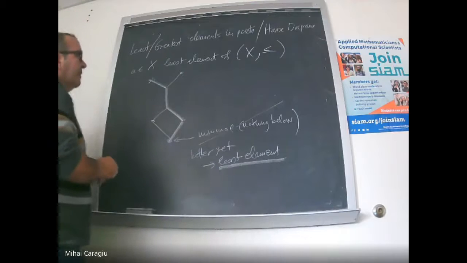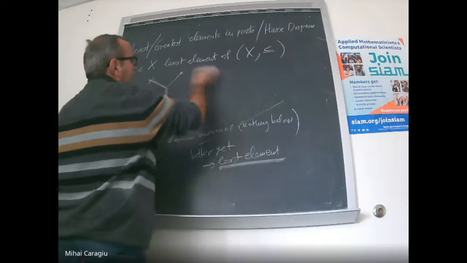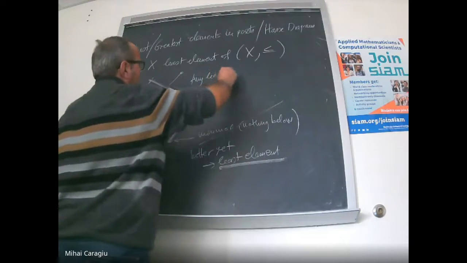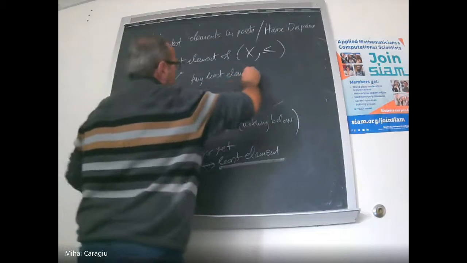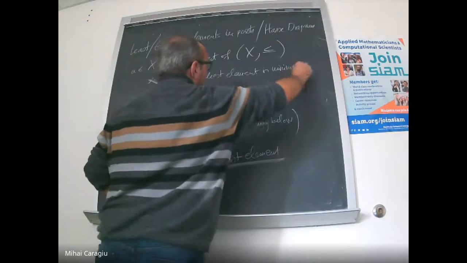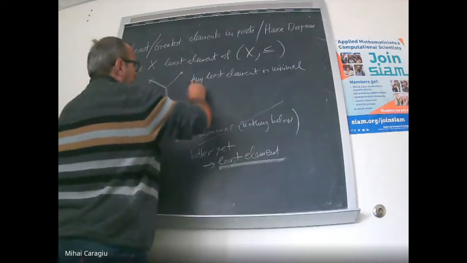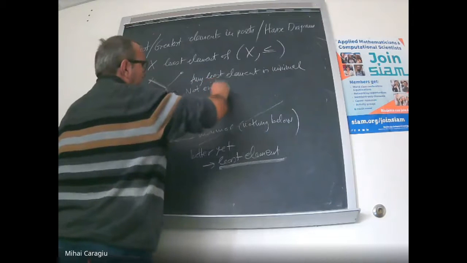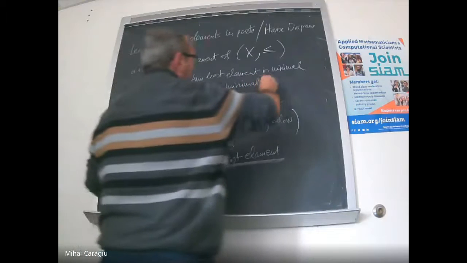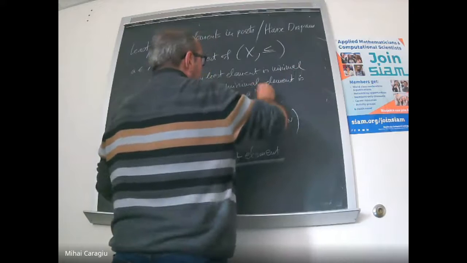So basically, a logical consequence is that any least element is a minimal element. Not every minimal element is a least element.